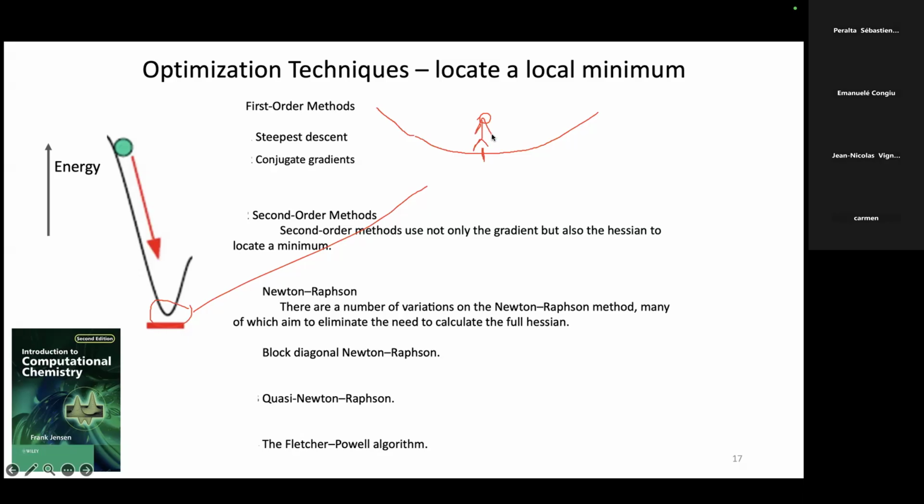One option is to look at the energy compared to the previous step of the optimization, and then step by step you come to the local minimum.